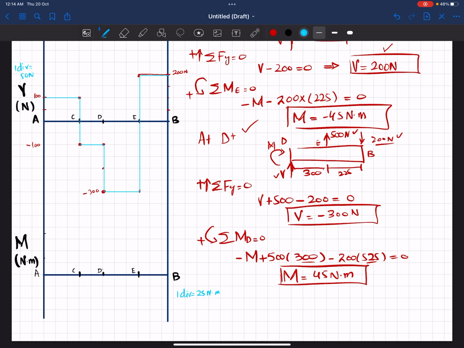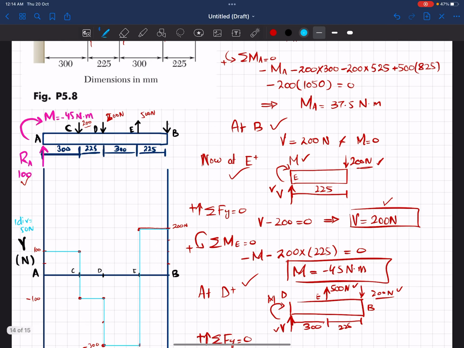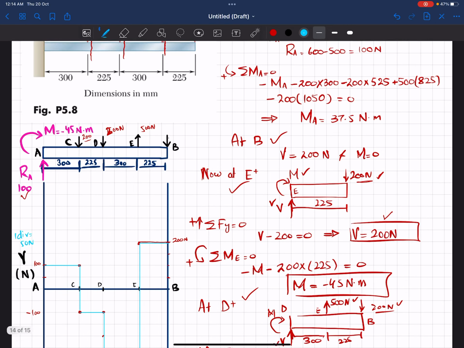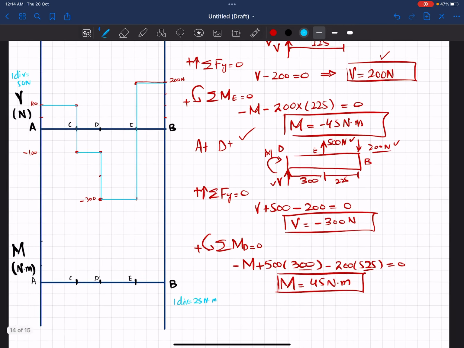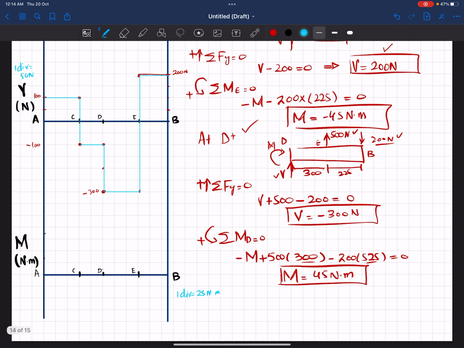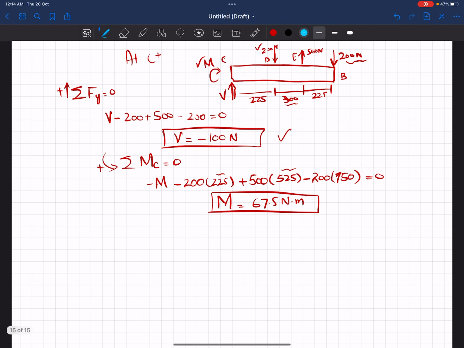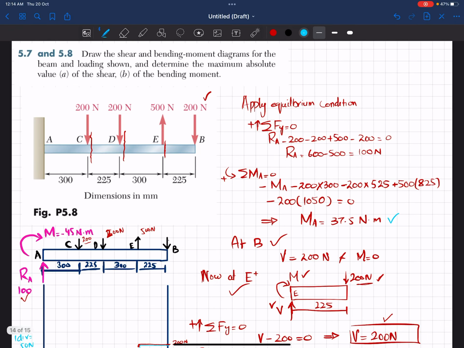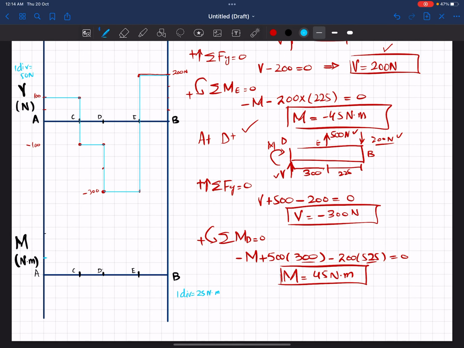At point A we have 37.5 Newton meter. This is 25 and this is 50, so 37.5 will be somewhere here. At point C we have 62.5, which will be here.